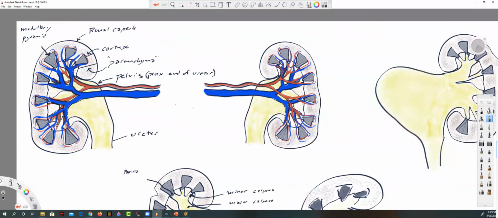I forgot to mention one thing. So we have the cortex, we have the parenchyma. If you're going to measure thickness all the way across, it's the parenchyma.